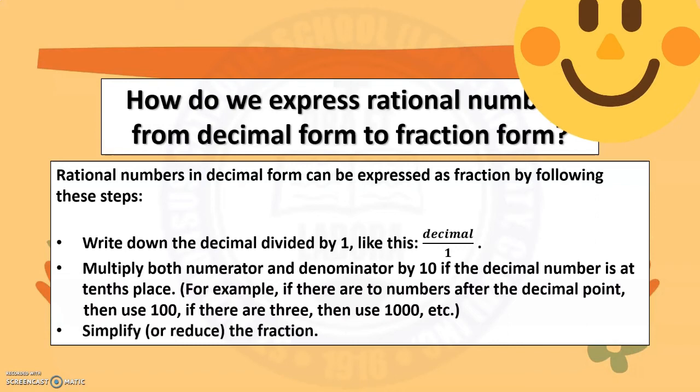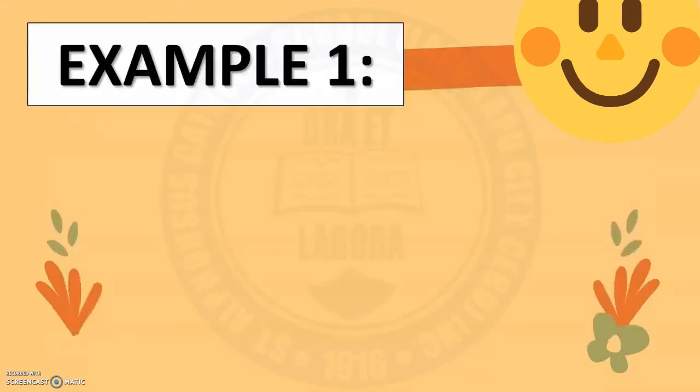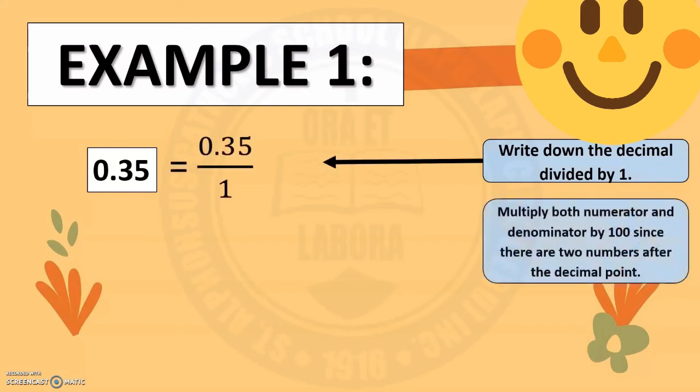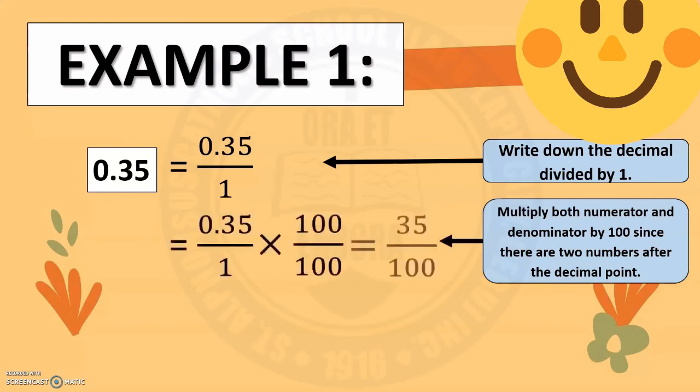Let's have examples. Example number 1. Express 0.35 to fraction form. Step 1. Write down the decimal divided by 1, so it will become 0.35 over 1. Next, let's multiply both numerator and denominator by 100, since there are two numbers after the decimal point.